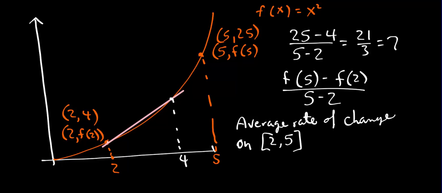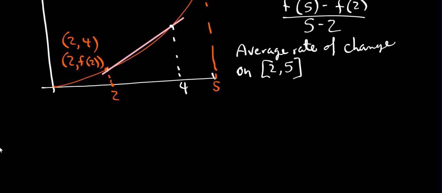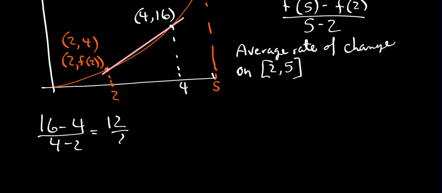Well, I could do that as well. I would have this up here is (4, 16). So I've got 16 minus 4 over 4 minus 2. That's 12 over 2, which is 6. So the rate of change there is 6.